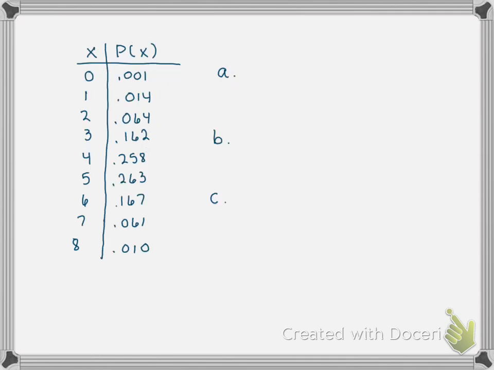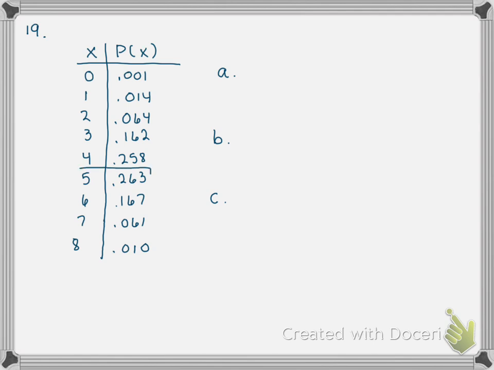Now, assuming you've gotten that table all filled out, this is what it should look like for number 19. Okay, so we're going to look at what the problems are that we need to solve for that. Part A says, find the probability that the number of men who do not look forward to going clothes shopping for themselves is exactly 5.